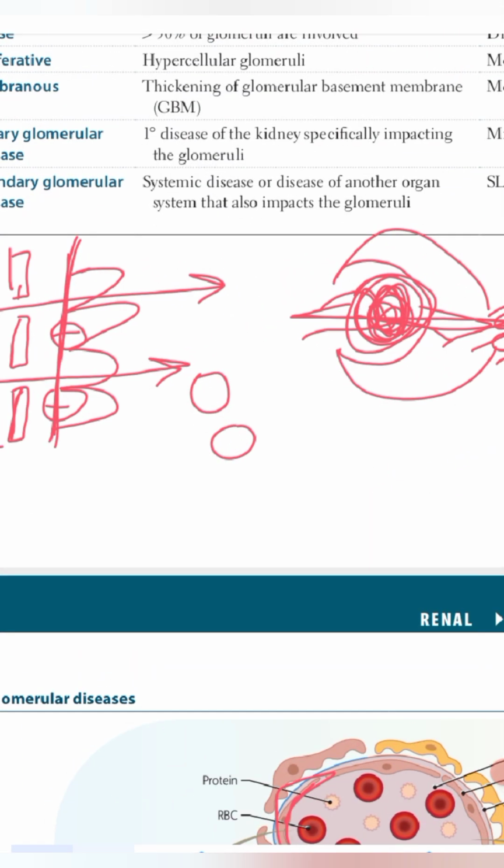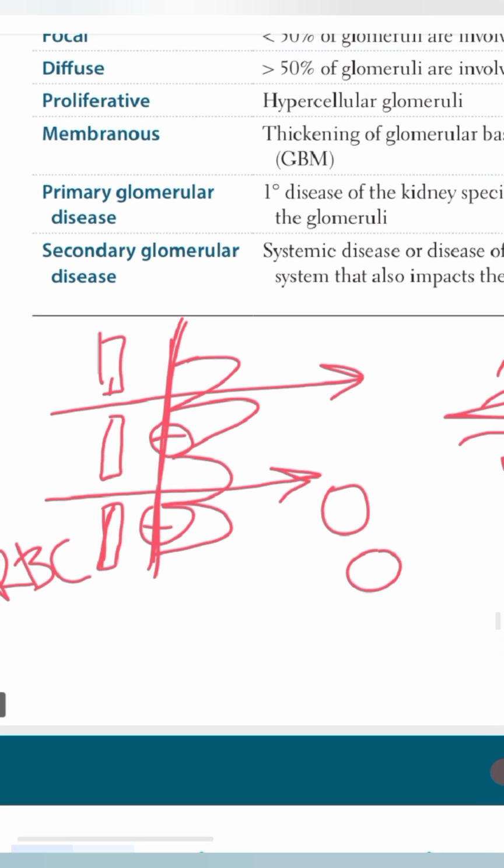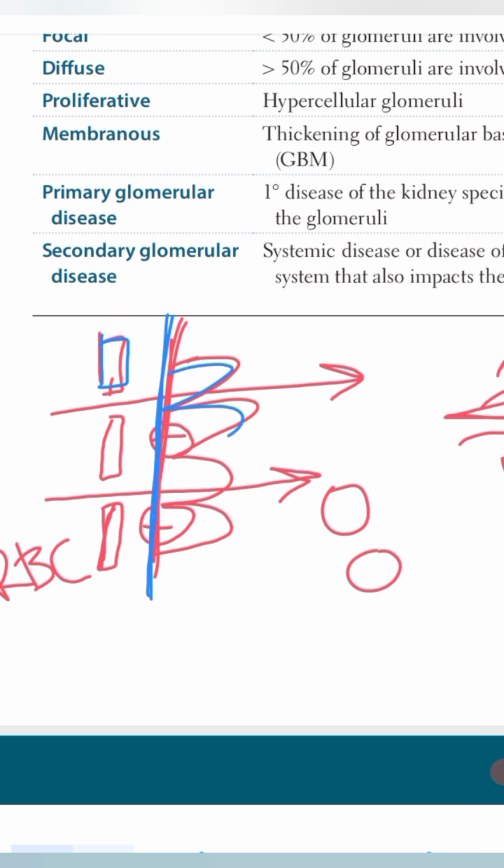We know that there are three components of the filtration barrier. First, the endothelial cells, then the basement membrane, and then the podocytes. Endothelial cells act as a barrier for red blood cells and other cells, and they don't allow them to pass through.